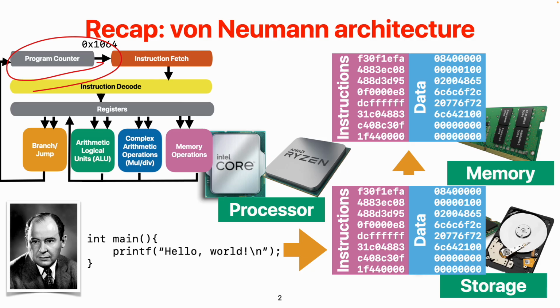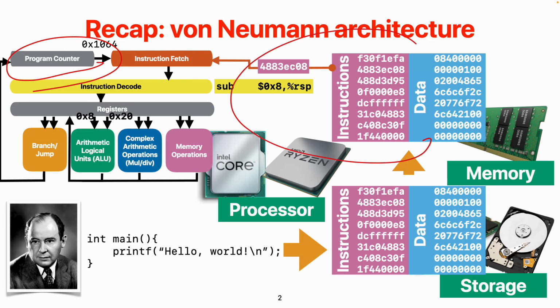And when you are done with the execution of the instruction, you will typically change your program counter, either going forward or jumping to another location, depending on what type of instruction it is, to continue execution.